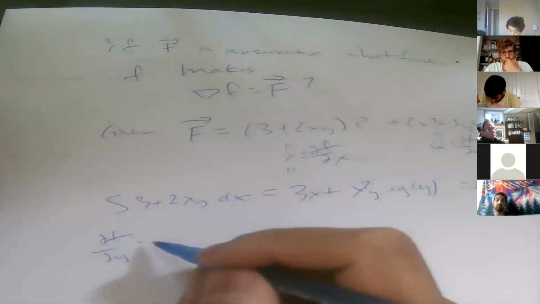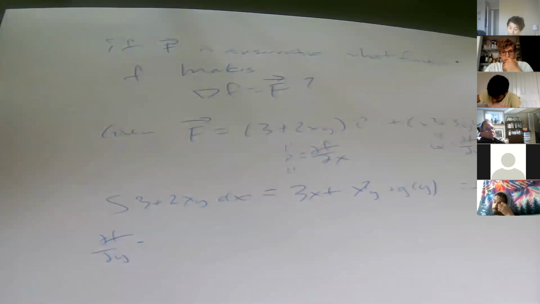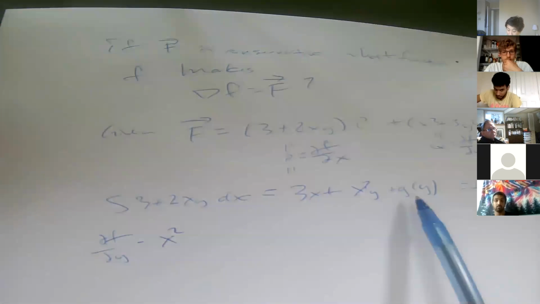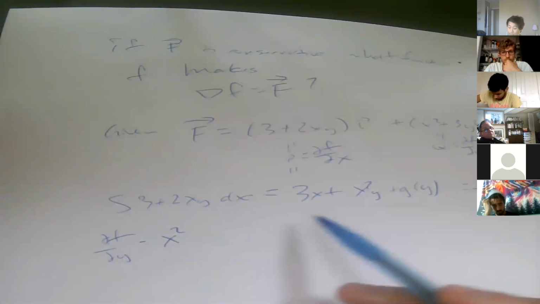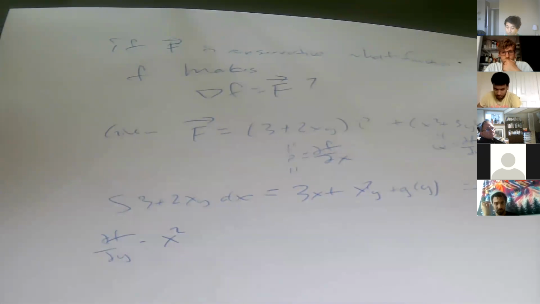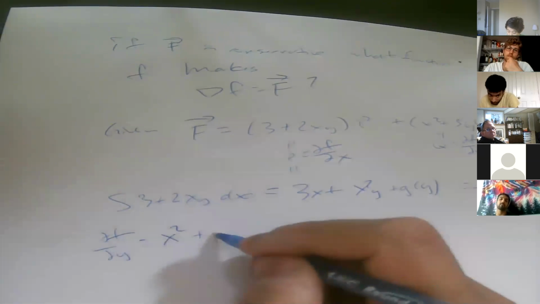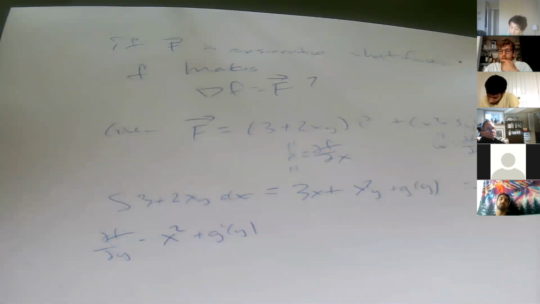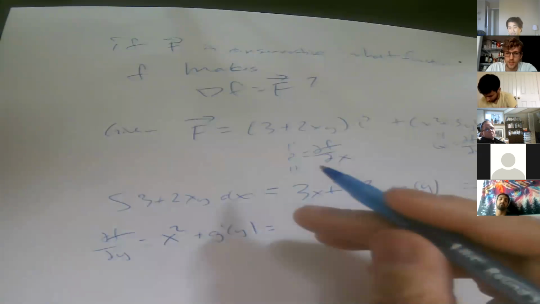What's df dy here? It's x squared plus g prime of y. And what is this supposed to equal? That should equal df dy, or dq dy, or whatever it is.